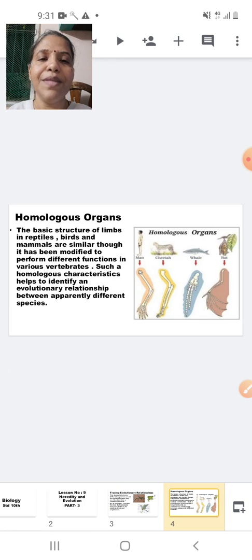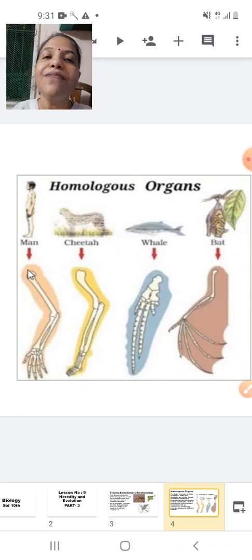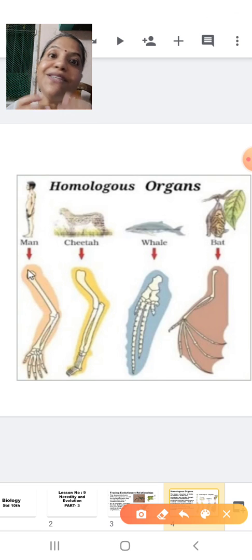Now students, here you can see we are talking about the limbs, and we are studying about an organ which is called a homologous organ. So we know that if the organs are similar, that means we are sharing a common ancestor. If the organs of our body are similar to an organ of another organism, this shows that somewhere we have a common ancestry.